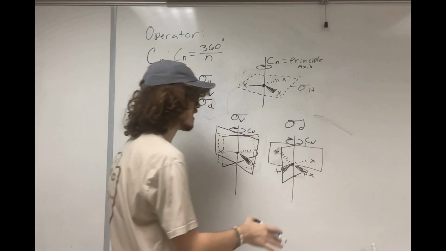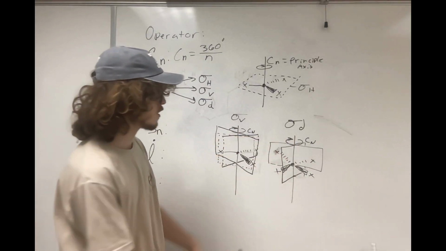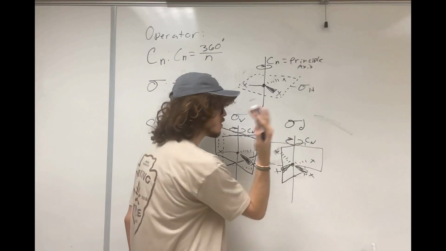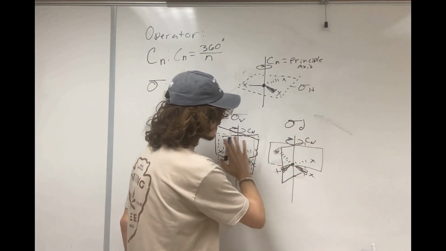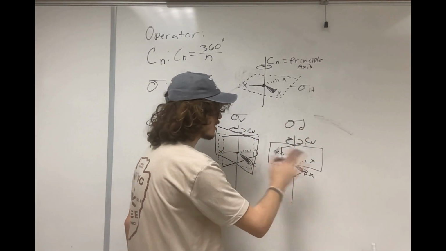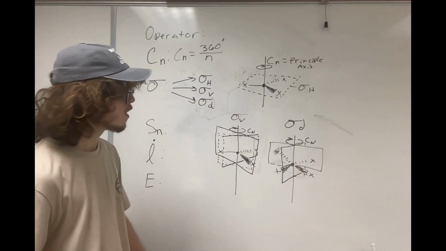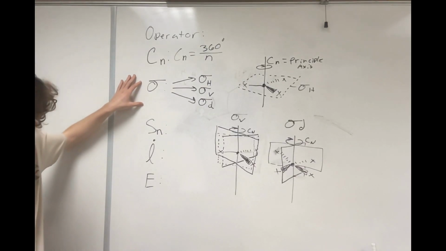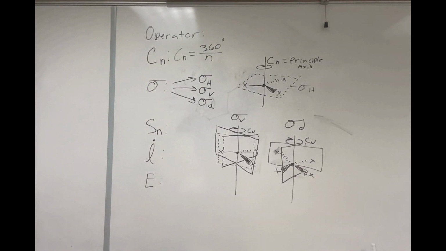It looks something like that. I have to draw it on a little bit of an angle, but it's going straight into the principal axis. This one's also completely perpendicular to that. So hopefully you can see what sigma d looks like, and that's going to wrap up all of these sigma planes of symmetry.